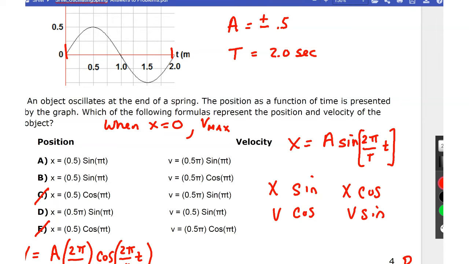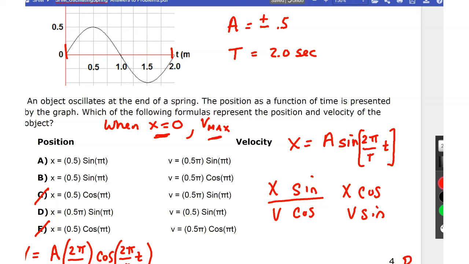Now, why is that? Well, the velocity equation always takes the form of sine, but keep in mind when x is in a sine function, when x is 0, v is maximum. Isn't that true when the sine function is 0?